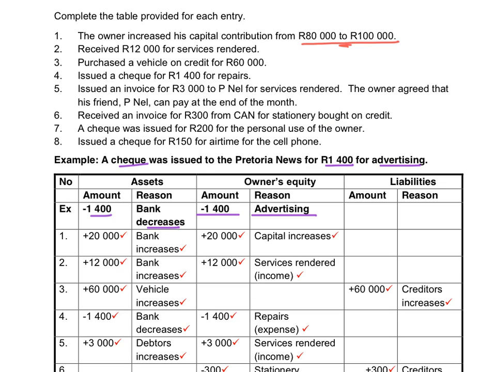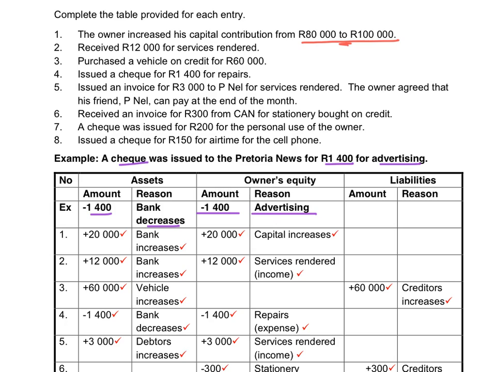Money was received in the bank, so 20,000 increased in the bank. The bank is an asset, so assets increase with 20,000 rand. The owner contributed money, so it means that the equity increases with 20,000 because capital increased.